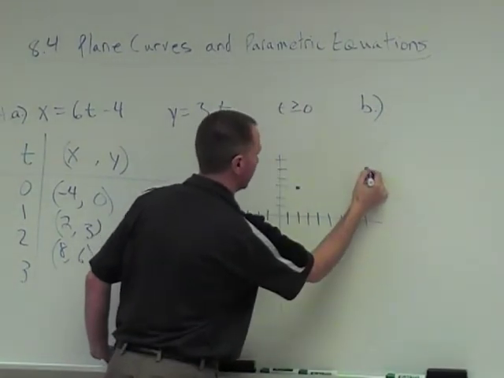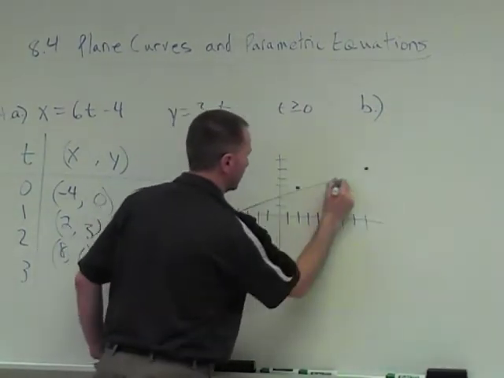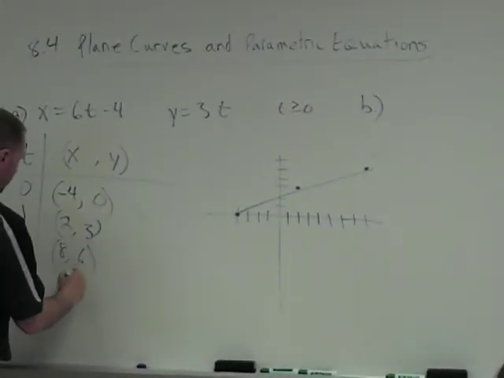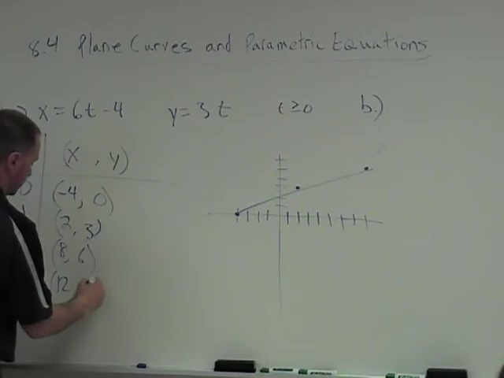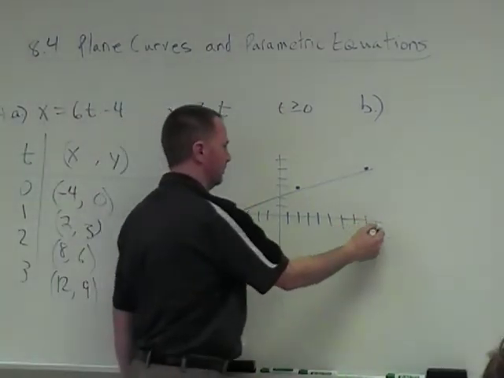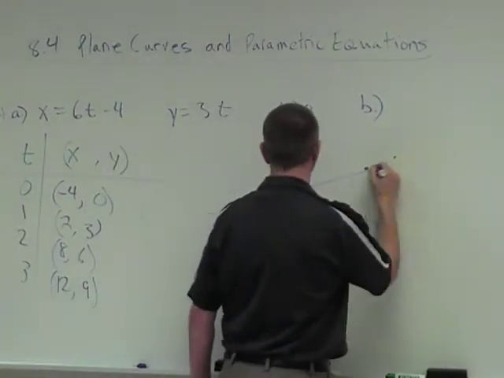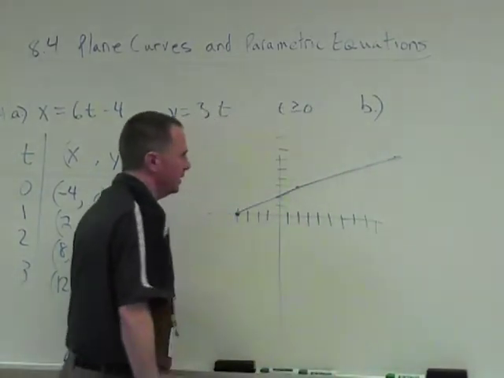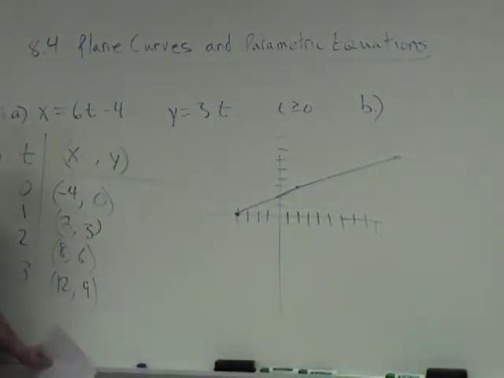Again, this is not an accurate graph, but as you can tell, this makes a straight line. And 18 minus 4 is 12, 3 times 3 is 9, and that goes on up there. That's what it looks like, a straight line, if you plot those points on an accurate graph.